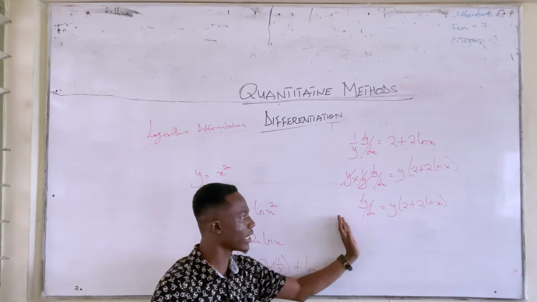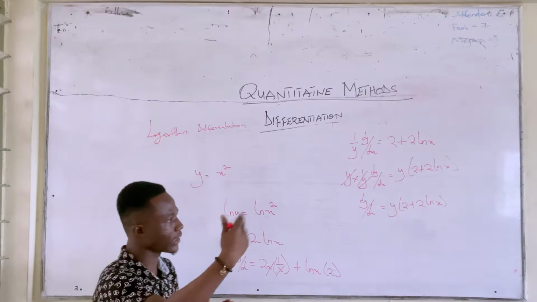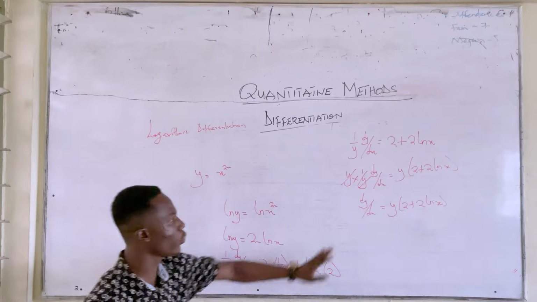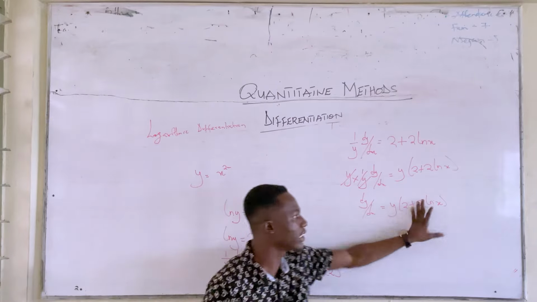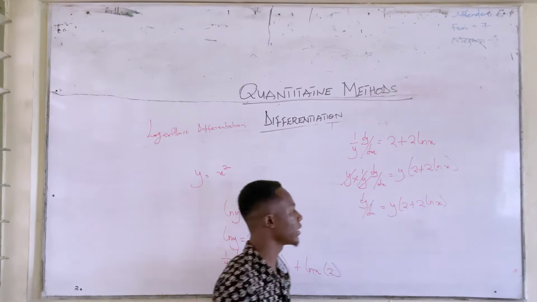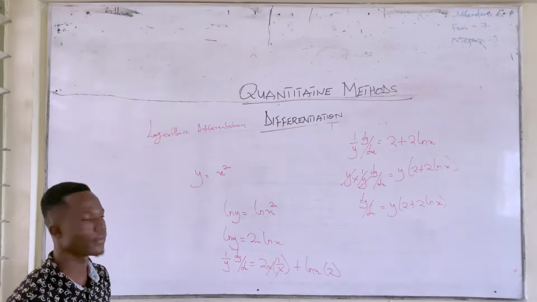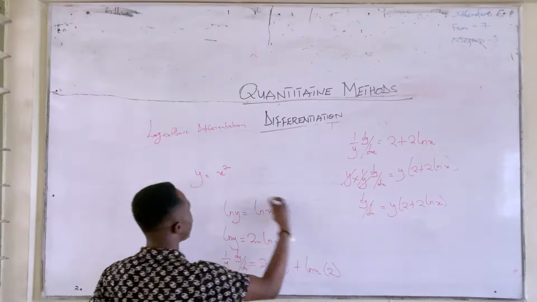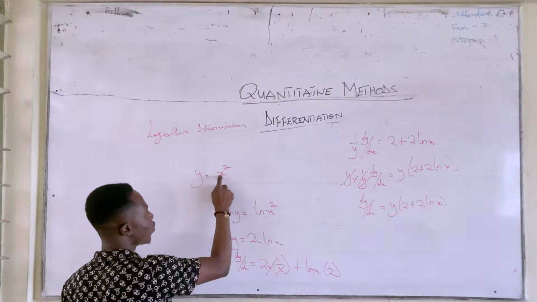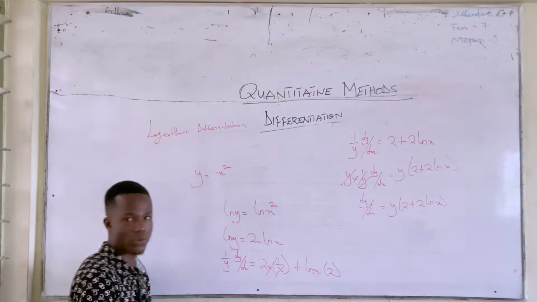But when dealing with any other rule, you are supposed to get dy/dx in terms of x on your right hand side. So if you are having y here, it means you are still not done. So now you need to introduce the value of y, and the value of y is this. So we are now going to put this in place of the y, and we are done.